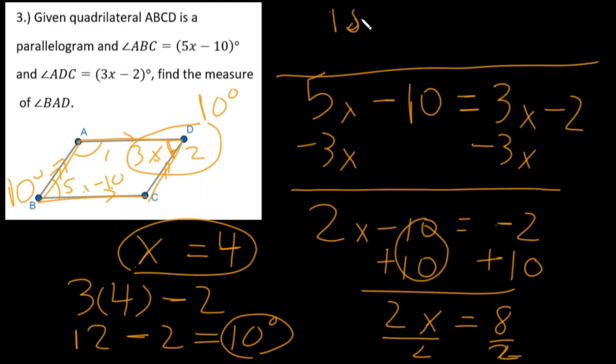So if we can just do 180 minus the angle that we know, minus 10, well, of course, that will give us 170 degrees. And so our answer for angle BAD will be 170 degrees. All right, thank you all, and let's move on to example 4.